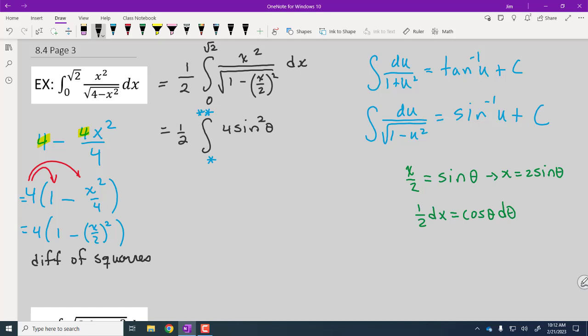Those of you that are really sloppy and not writing your differentials, it is going to come back and spank you here. Because if you don't have that differential in there, you're going to miss out on a whole big chunk of stuff that has to be put in the integral. If you isolate dx here, you see that that's what dx is equal to. So now that has to get replaced. So now we have 2 cosine theta times d theta. So there is the whole numerator, including the differential.